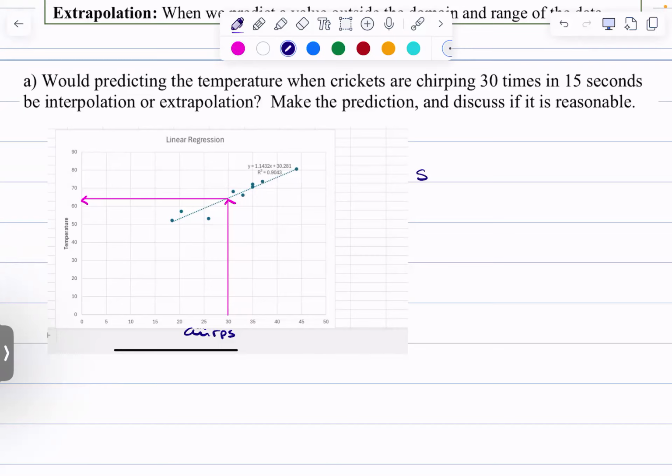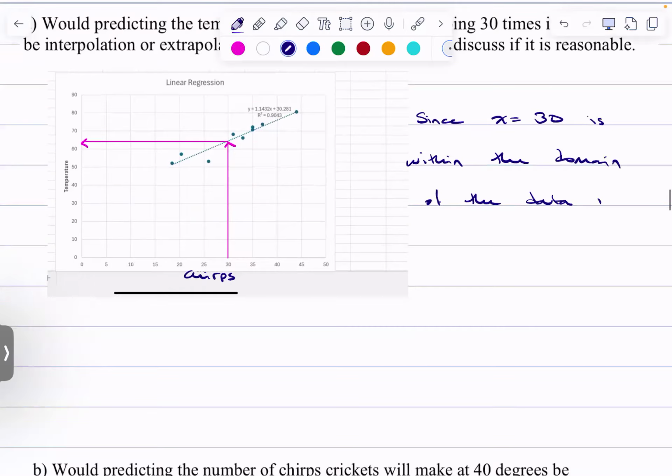Since x equals 30 is within the domain of the data, that's your x values, it is an interpolation.